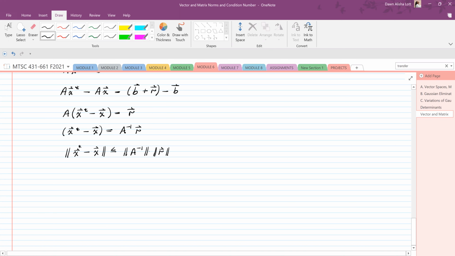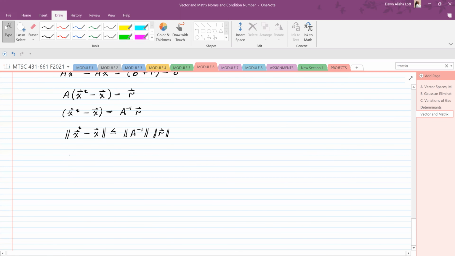Okay. So I'm going to multiply the right-hand side by 1. So the norm of x star minus x is less than or equal to the norm of A inverse times the norm of R. And I'm going to multiply by the norm of B over the norm of B. So let's just multiply by 1.